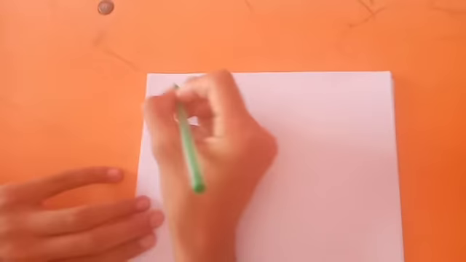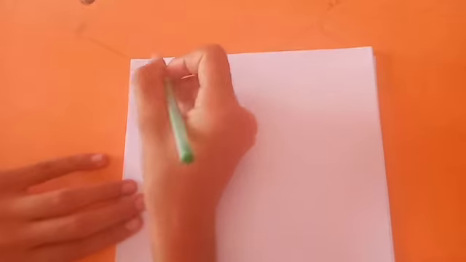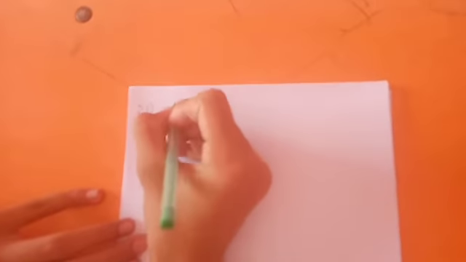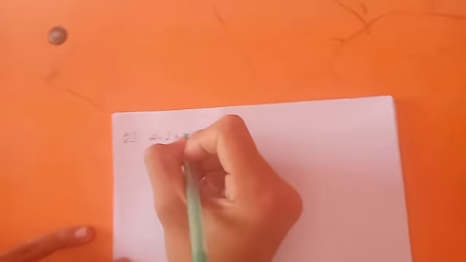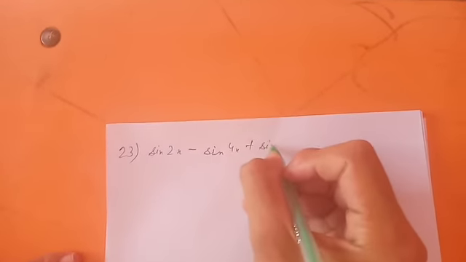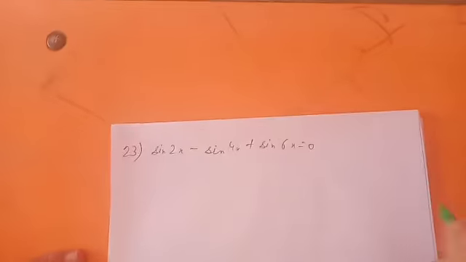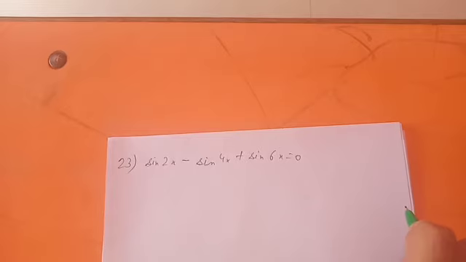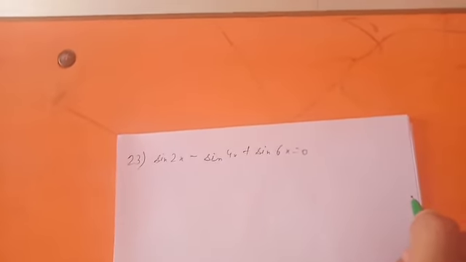Now example number 23: sin 2x minus sin 4x plus sin 6x equal to 0.